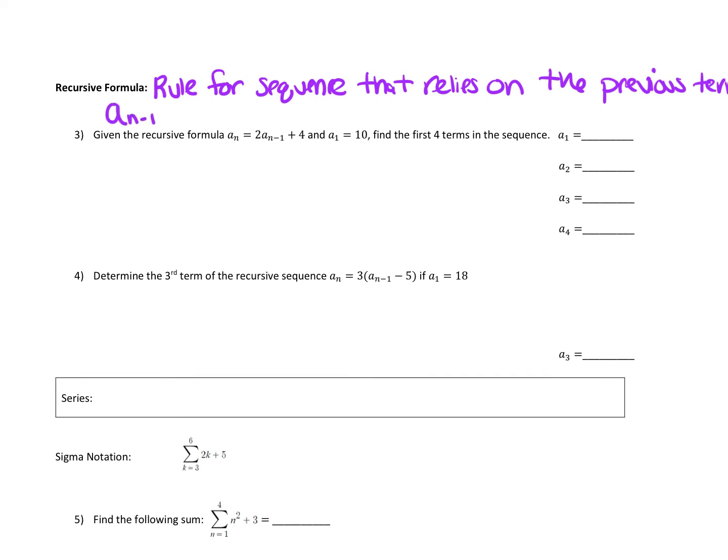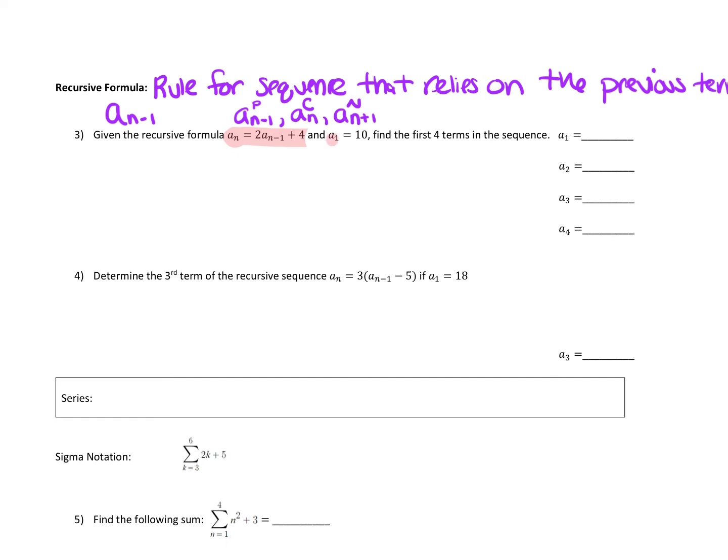If you're talking about a sequence, the previous term would be a sub n minus 1, the current term would be a sub n, and the next term would be a sub n plus 1. So this is previous, current, next term. If I have a recursive formula here, I have a sub n equals 2 times a sub n minus 1.